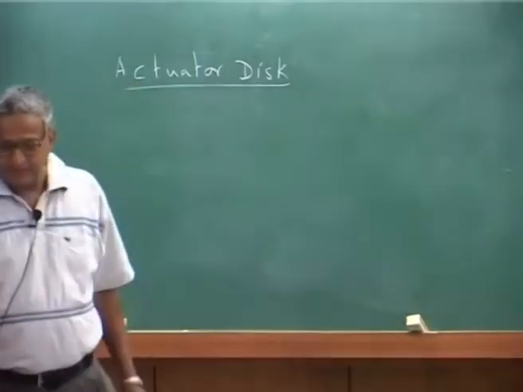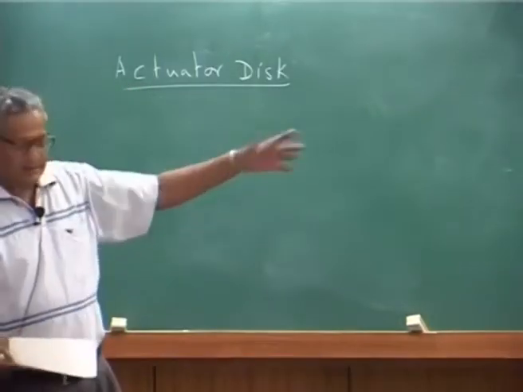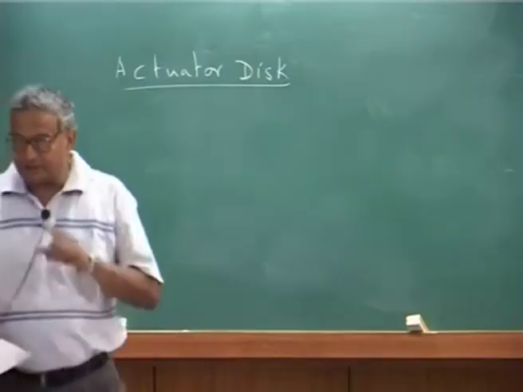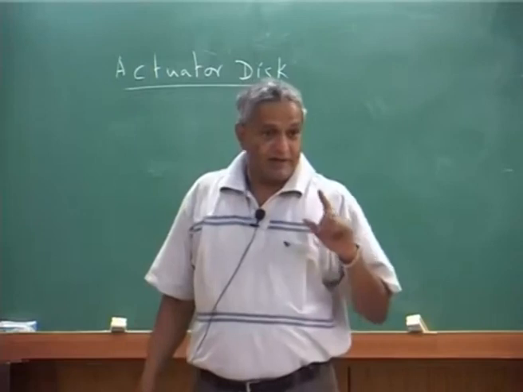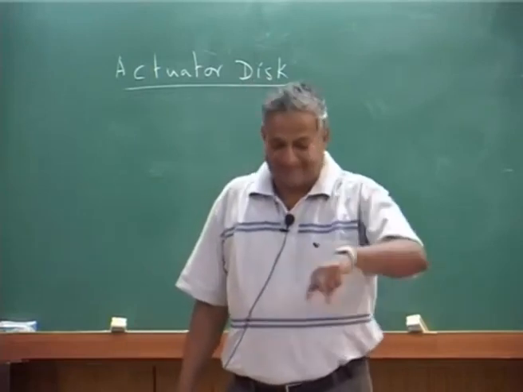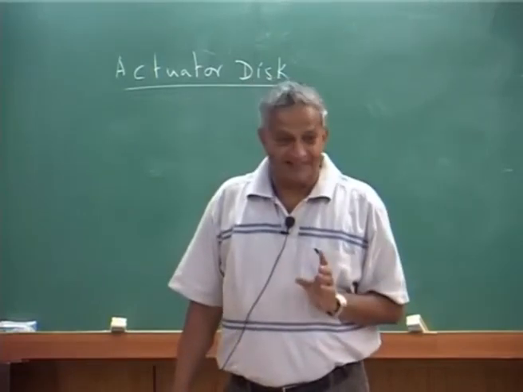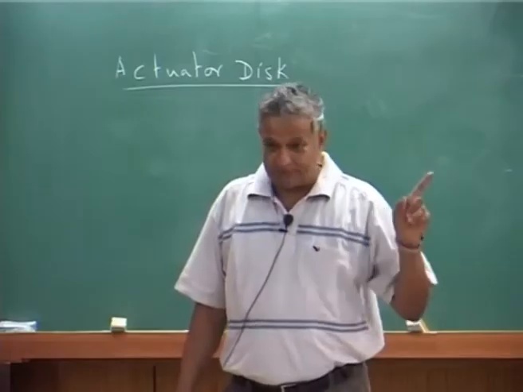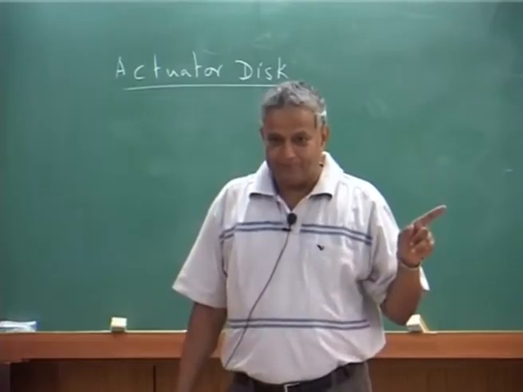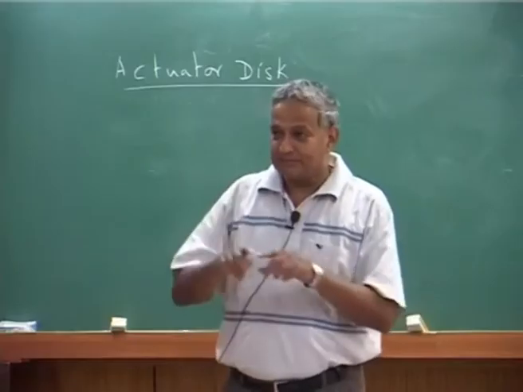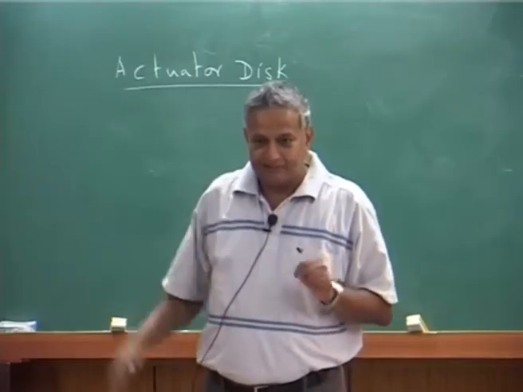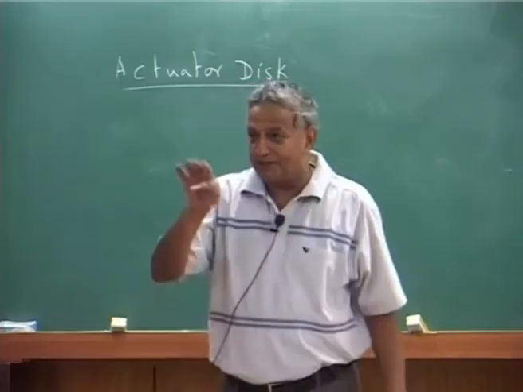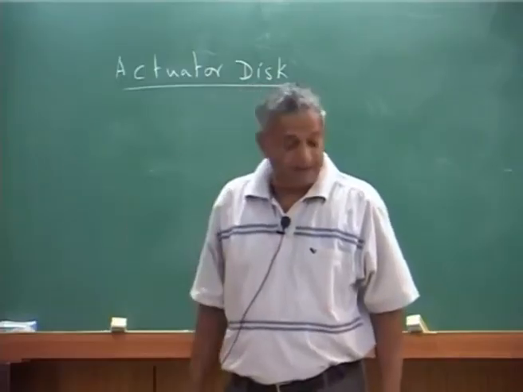Momentum theory does not give you the variation. Here please understand, you do not start using the differential momentum theory, what we derived in the class, that lambda i, which is a function of the blade pitch angle at every section. We had that sigma a over 16 etc., right?